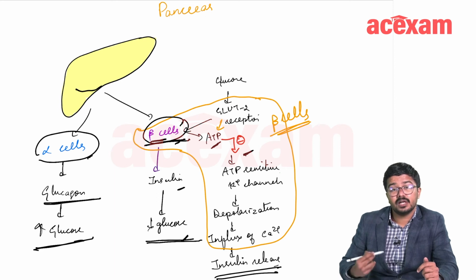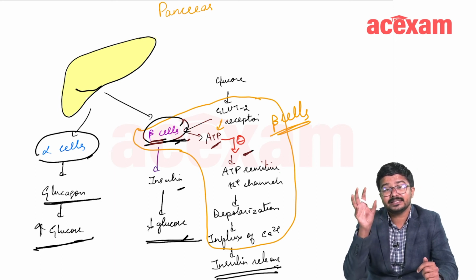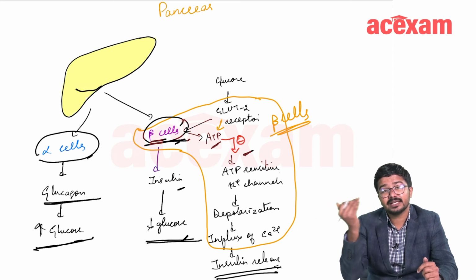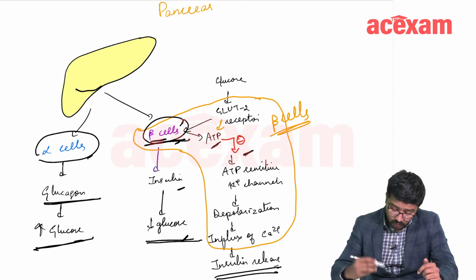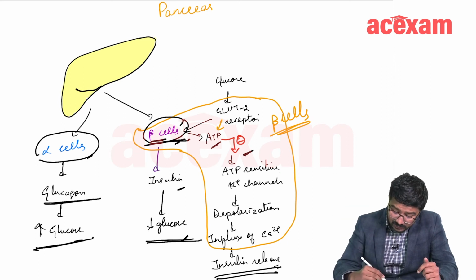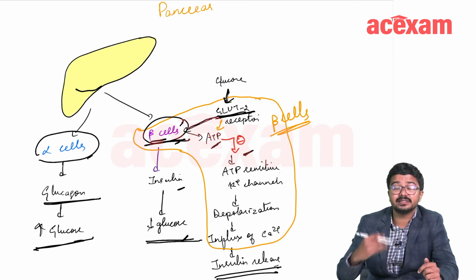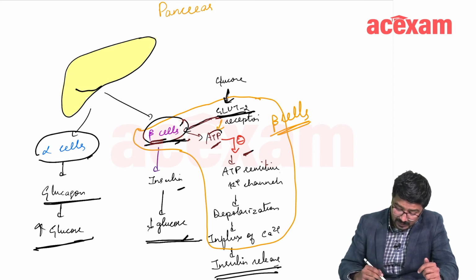Now, this ATP sensitive potassium channel, where does it come in? The glucose we take in with food gets absorbed. That glucose then enters the pancreatic cell using a transporter, the GLUT2 transporter. As it enters through GLUT2, it gets glycolyzed and ATP is formed.